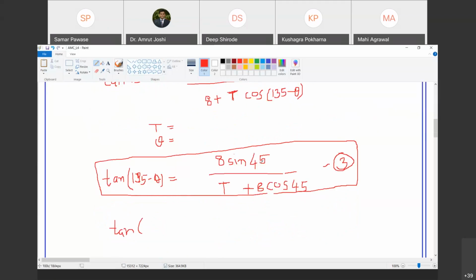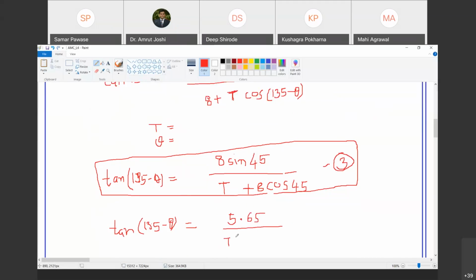Tell me how much is 8 sin 45. Ensure that your calculator is in degree mode. And tell me how much is this numerator. Sir, 5.65. So I will write it as 5.65 divided by T.